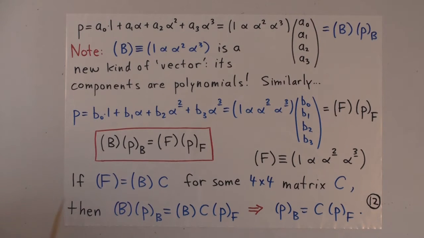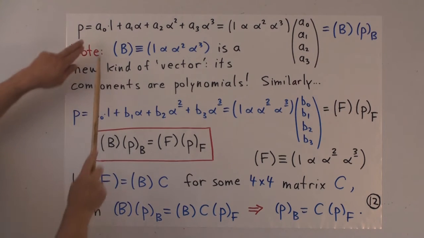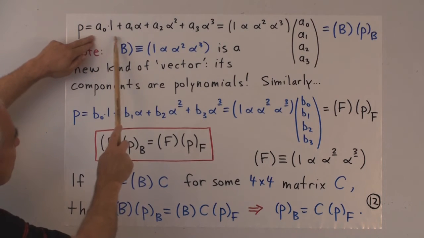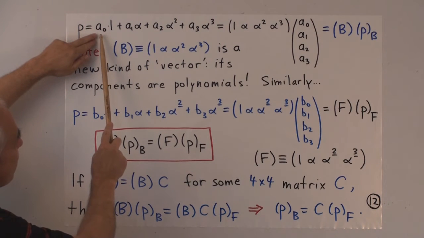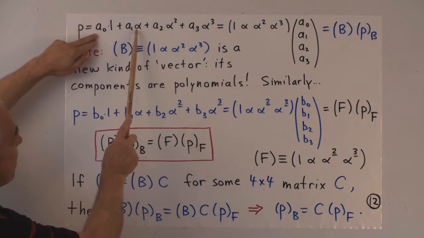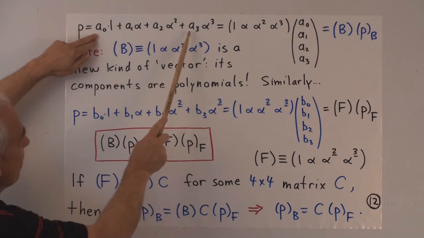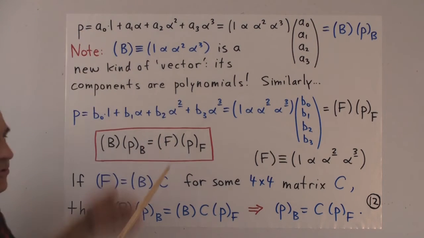Let's have a look at our polynomial p. And here's the polynomial written out in the standard fashion. Now, when we look at this, we see a bunch of sums of products between numbers and vectors. So this number times that vector, plus this number times that vector, plus this number times that vector, plus this number times that vector, where the vectors in this case are the polynomials.